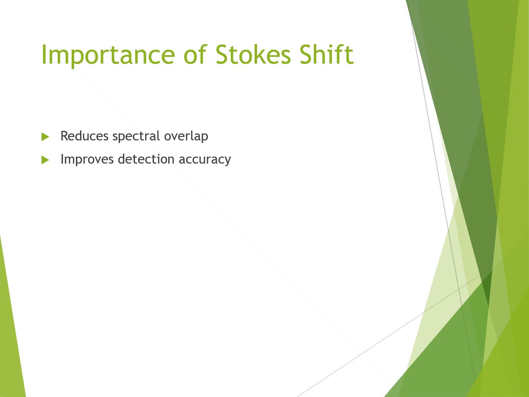If the Stokes shift is small, the excitation and emission light can overlap, which will reduce sensitivity. In the case of a large Stokes shift, the overlap is reduced, which improves sensitivity and reduces background interference.